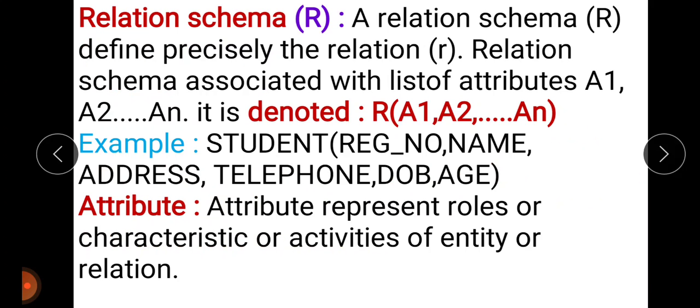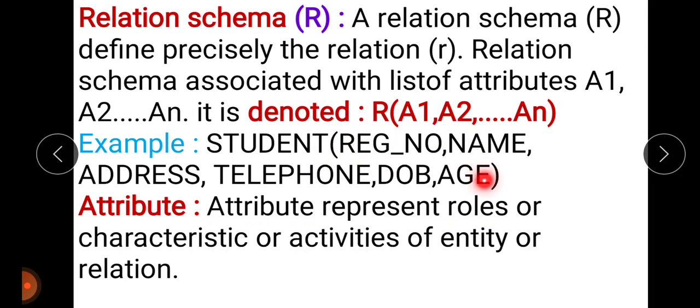Next we are going to see the relation schema, which is denoted by capital R. A relation schema R defines precisely the relation r. A relation schema is associated with a list of attributes A1, A2 until An. It is denoted by capital R(A1, ..., An). By considering an example, Student is a relation, that is, an entity or table name.